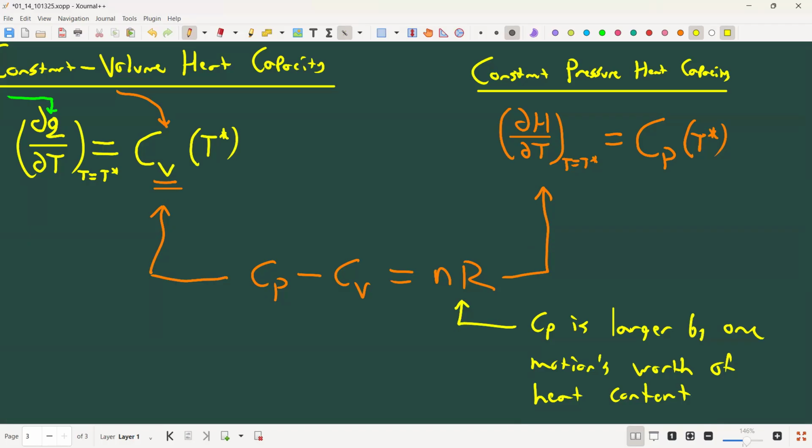Okay, so let's see what we can do with this. What can we learn from the heat capacity of our system? So let's return back to our example of boiling.